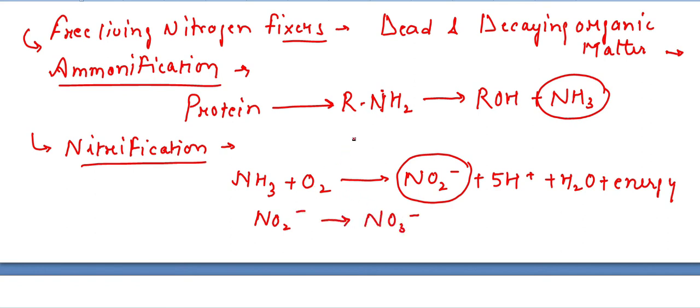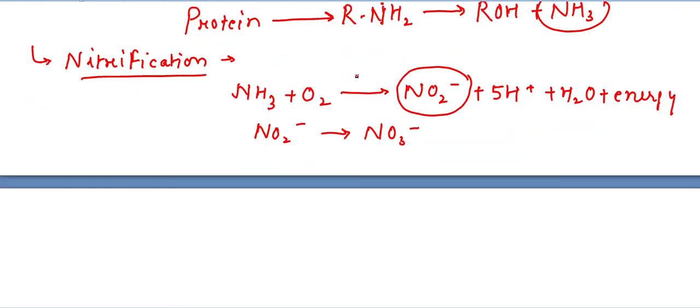And the bacteria we have already discussed. In this conversion you will write nitrosococcus and nitrosomonas, and in this reaction you will write the bacteria nitrobacter and nitrocystis. Process: nitrification.